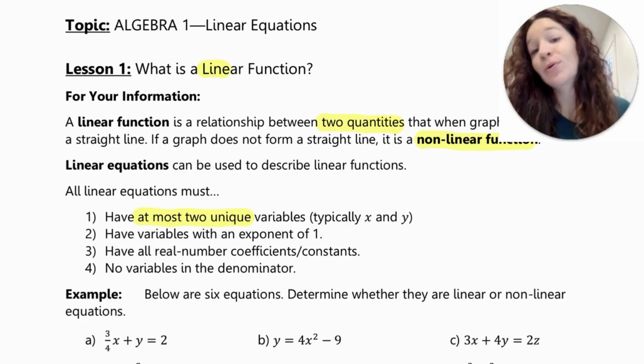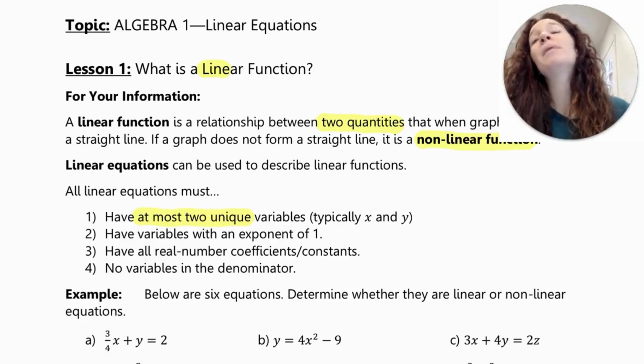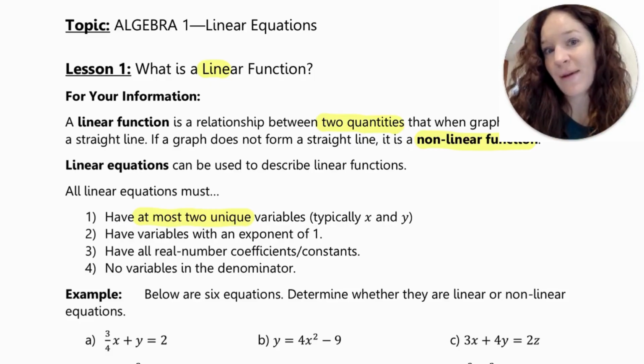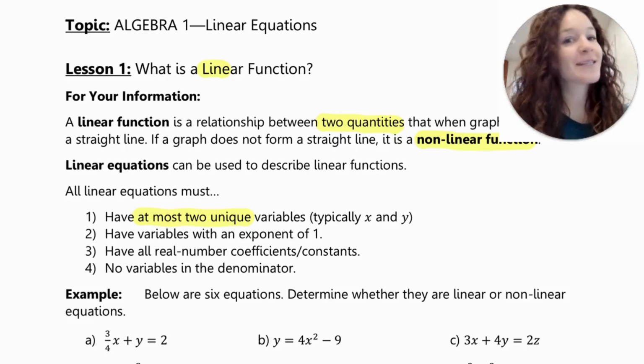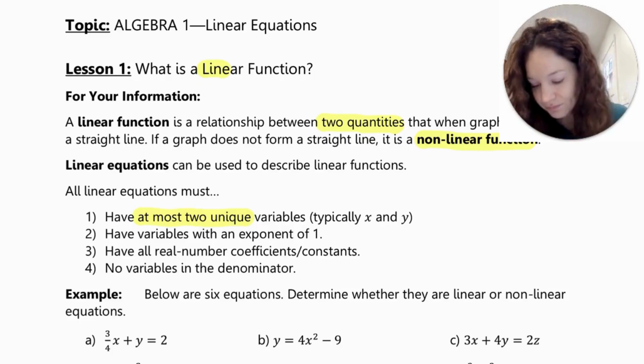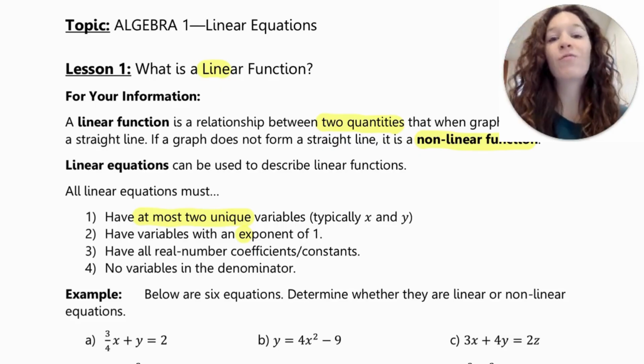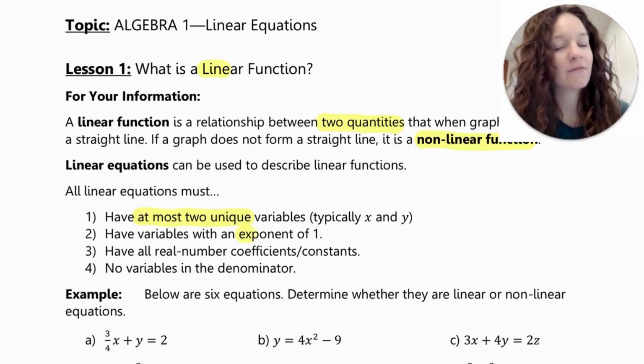So it could potentially have just one, right? But there's going to be something special about that one variable that we're going to talk about in this next thing. Step 2 says our variables must have an exponent of 1, and that's what I was getting at there.